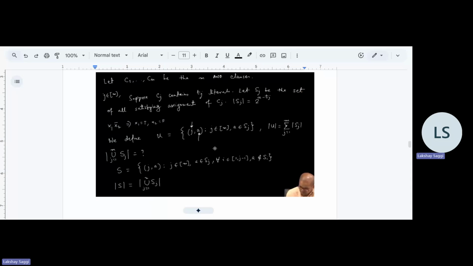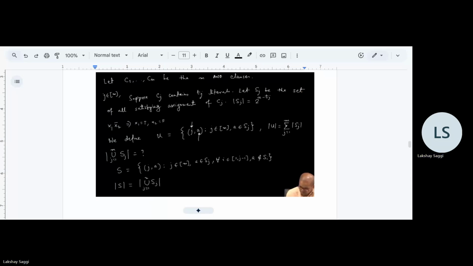The size of the set U is then the size of S1 plus the size of S2, and so on, till the size of Sm.